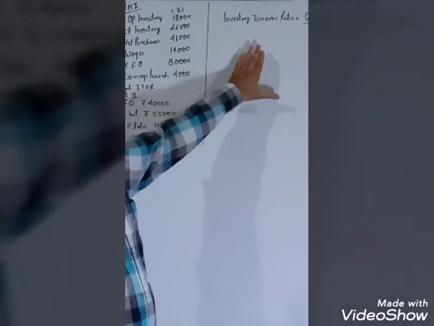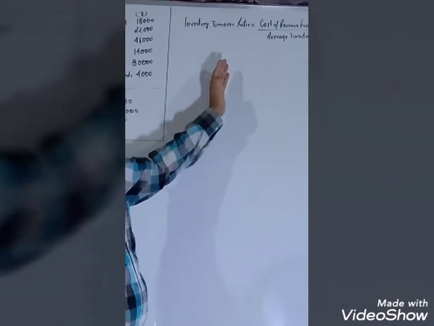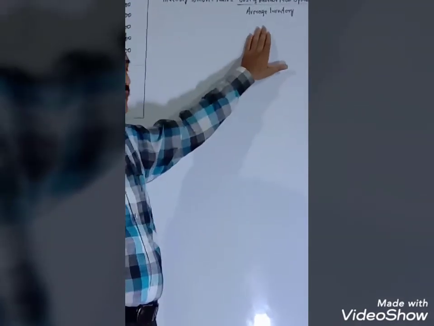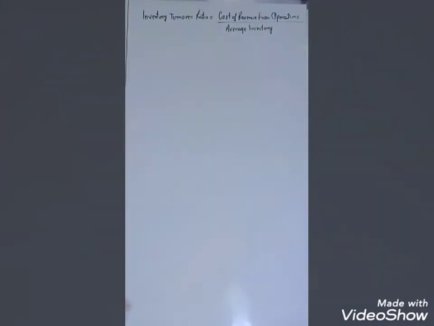After applying the formula, cost of revenue from operations, also termed as net sales, divided by average inventory. Now we have to put the values.